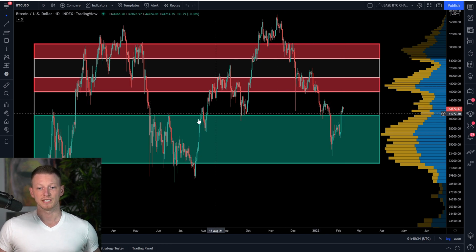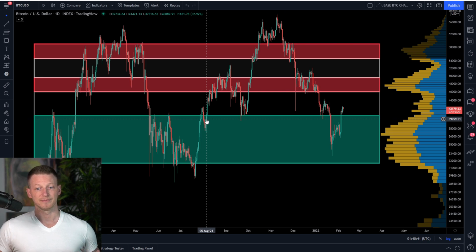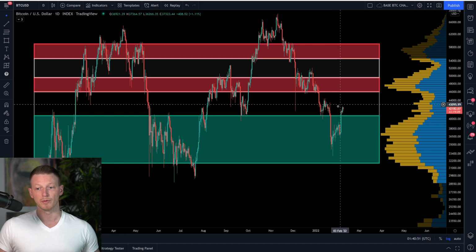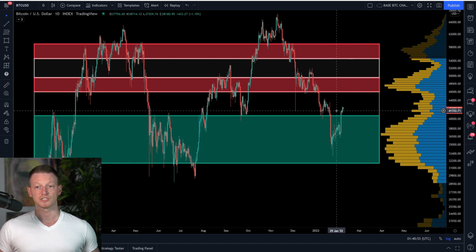And from there, it's going to depend on, can we do something like we did back in August and then get increased buying pressure driving us back up, or are we going to meet individuals capitulating who are FOMOing in right now? And this is what short-term holders often do, or are more likely to do.